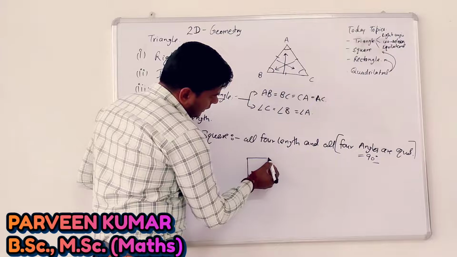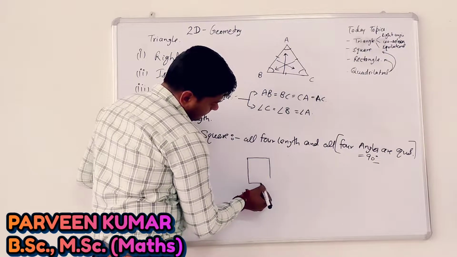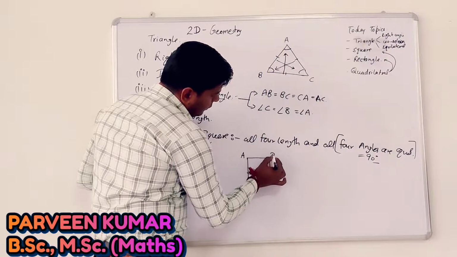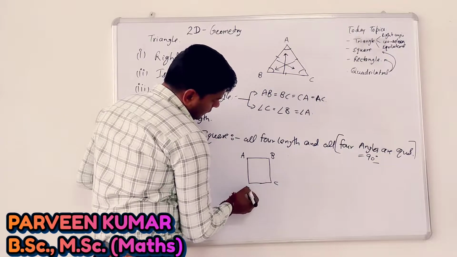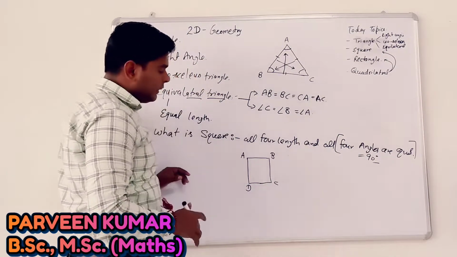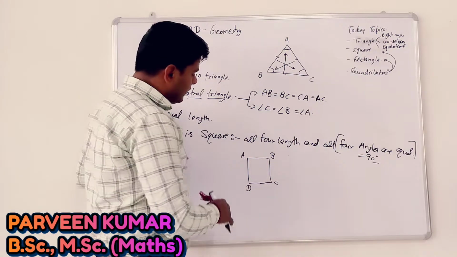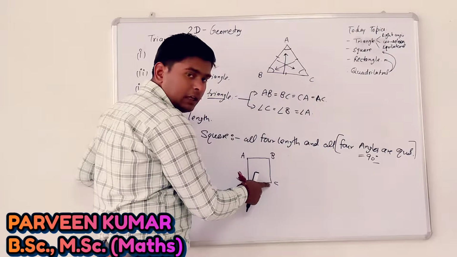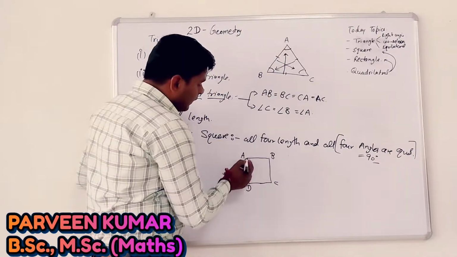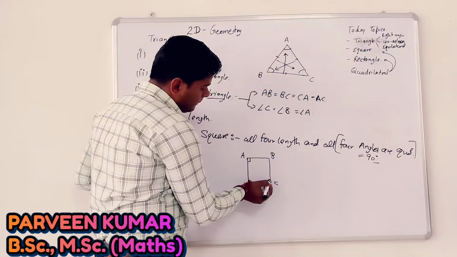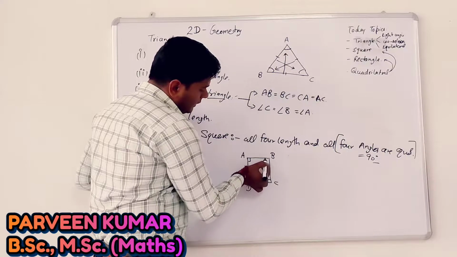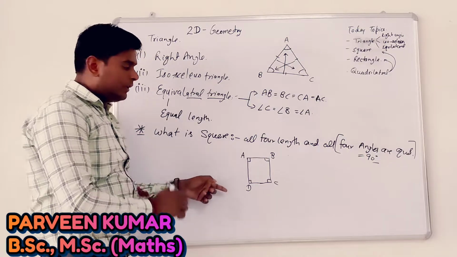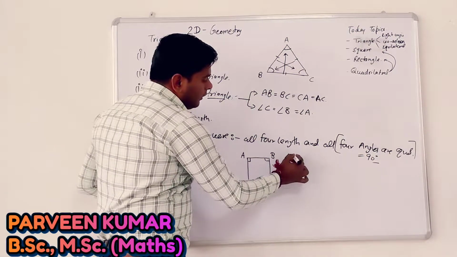Let's consider a figure like this. Here it is point A, point B, point C, point D. These are called vertex A, vertex B, vertex C and vertex D. Here angle A, angle B, angle C and angle D are all equal.